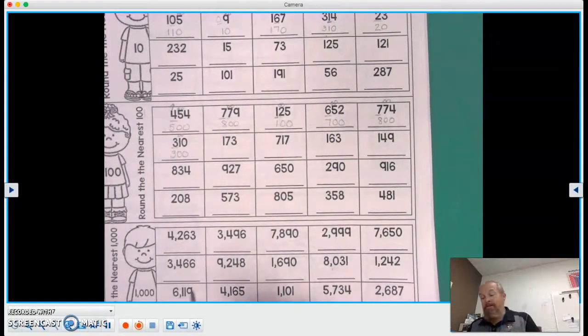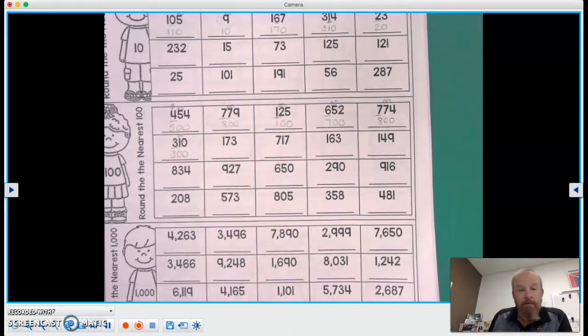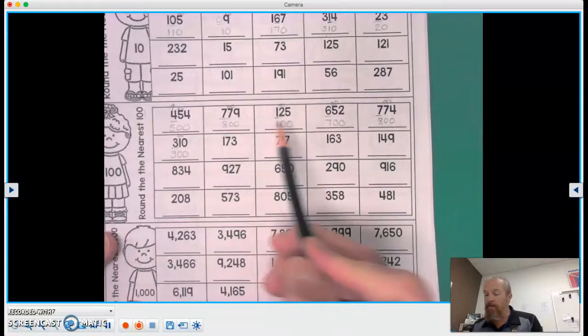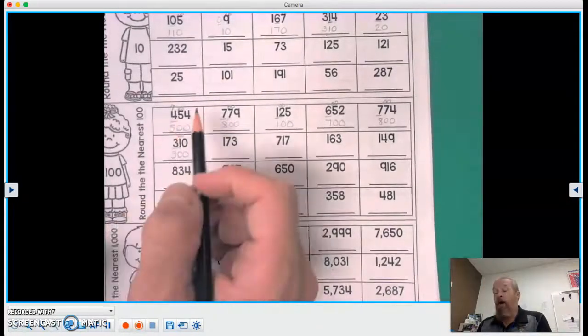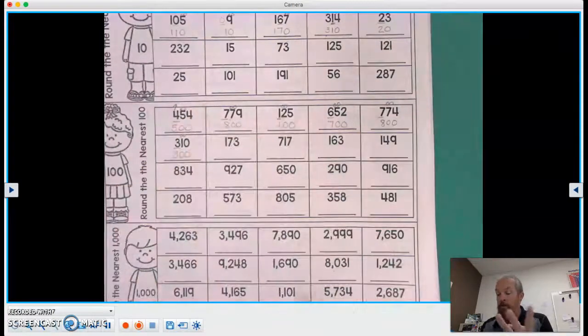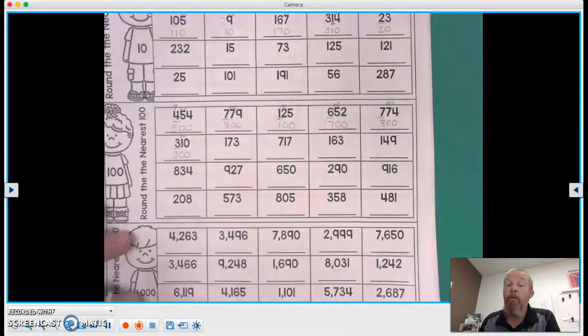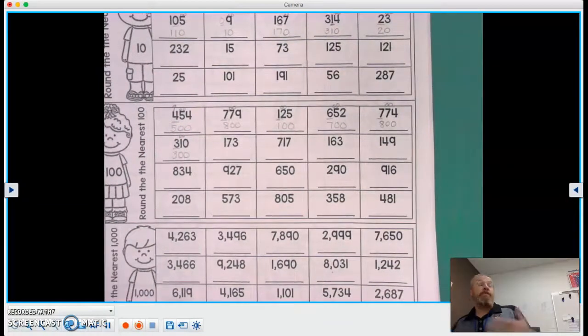Now on the hundreds, you notice every single number ends in at least 2 zeros. Every number in the hundreds column, the first number of all the 3-digit numbers, is either going to be the number in the hundreds column or one number more. If it's 5 or more, raise the score, it goes up. 4 or less, let it rest. It stays the number it is.